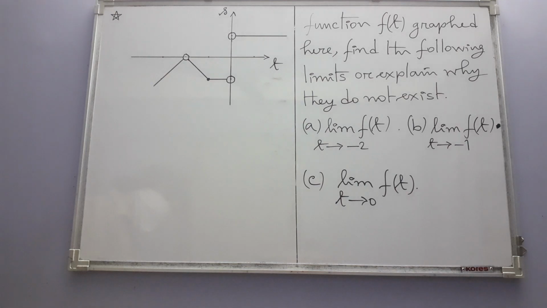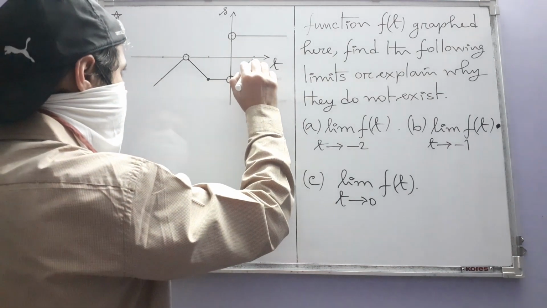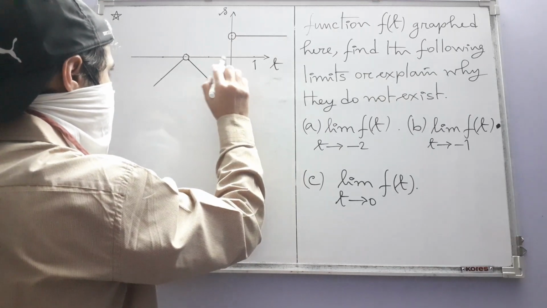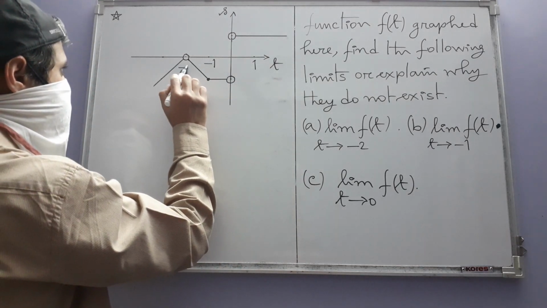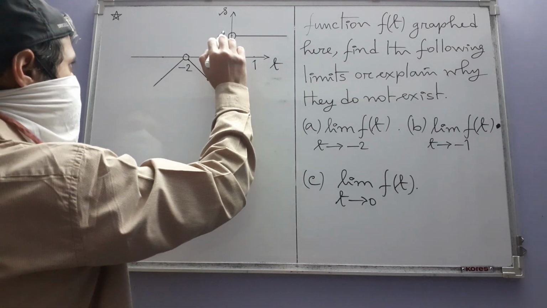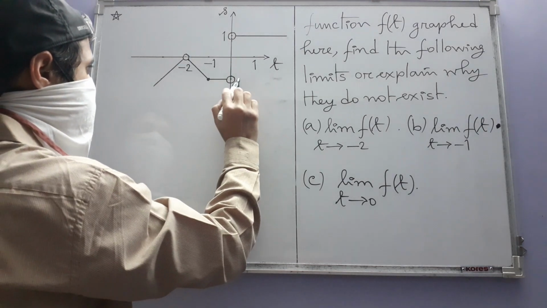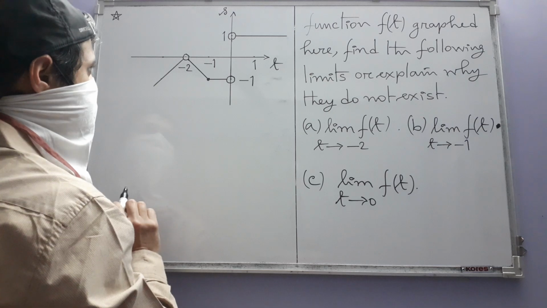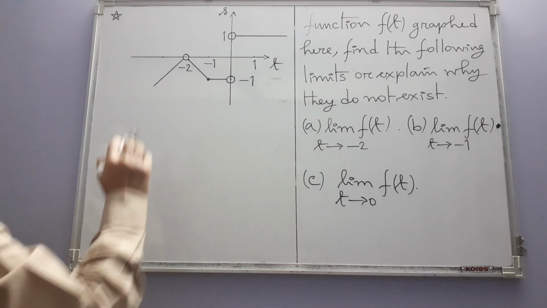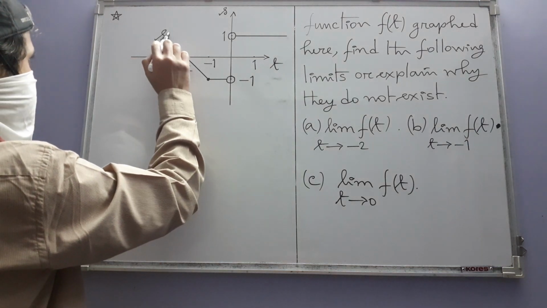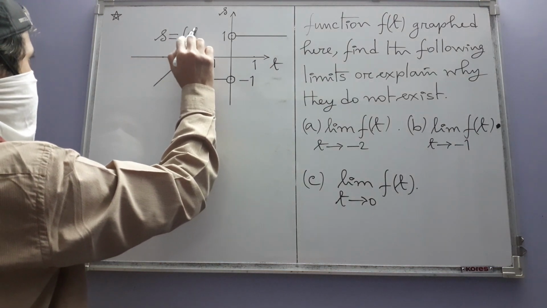Okay, anything else? I need to write the numbers. 1, this of course is 0, no need to write that. -1, this is -2, this is 1, this is -1. Is there anything else? So this is of course s is equal to f of t.